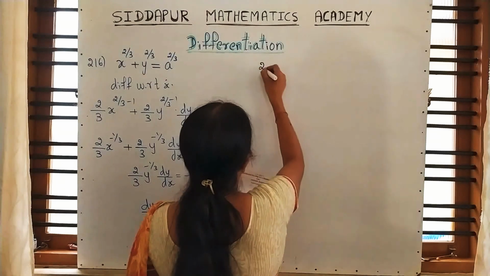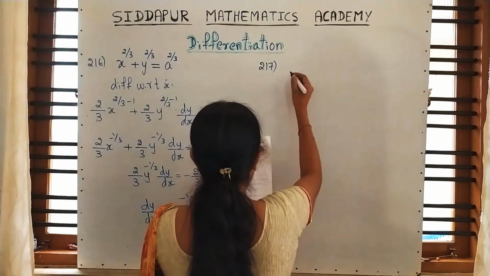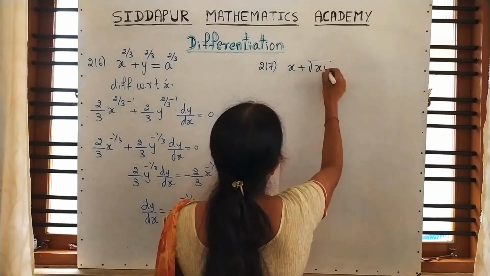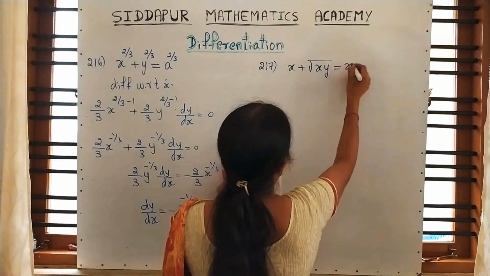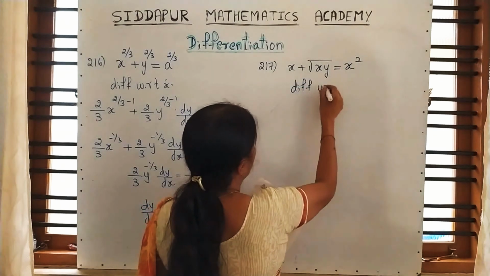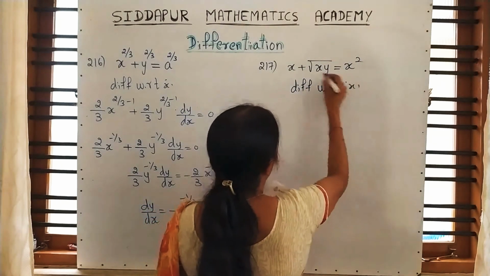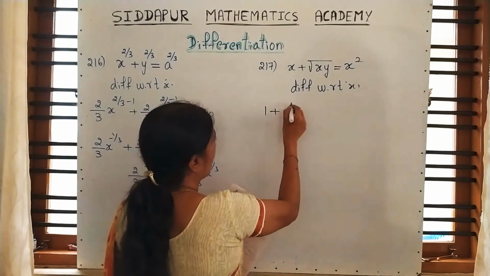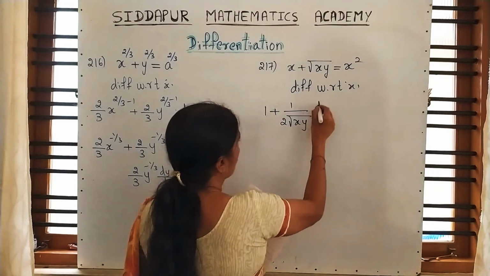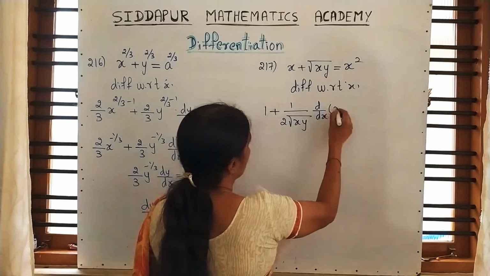Question number 217. x plus root xy is equal to x square. Differentiating with respect to x. What is the differentiation of x? 1. Differentiation of the root is 1 by 2 root xy. See, we completed the differentiation of the root.